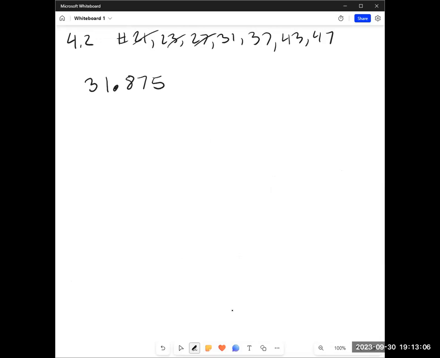And we want to round to the nearest hundredth this time. There's the hundredths place value that we want to round to, and we're going to use the thousandths place value to help us determine what to round to. So this is about 31 and 88 hundredths.